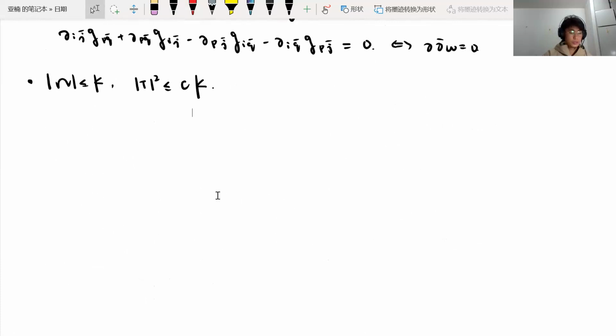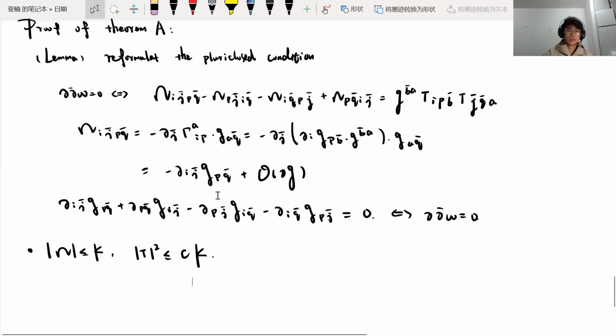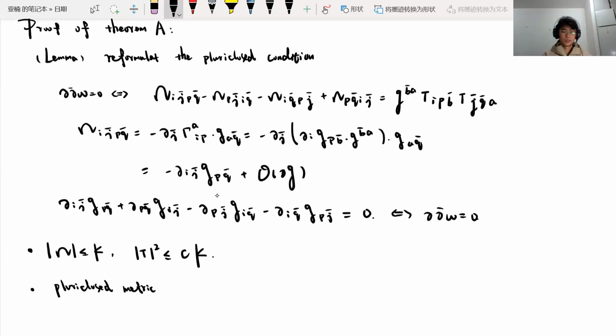Next, from this equation, we can easily see that if for Flerick's metric the Chern connection is flat, it's Chern flat, then it must be Kähler, and from the uniformization theory for Kähler manifolds, we know that its universal covering actually is Cn with a standard metric.